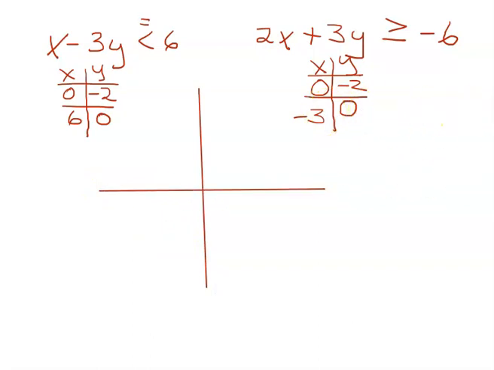Okay. So let's plot this one. This is going to be 0, -2, which is right there. And this is going to be 6, 0. So 1, 3, 4, 5, 6. This is just a sketch. Now this line is going to be a dotted line.